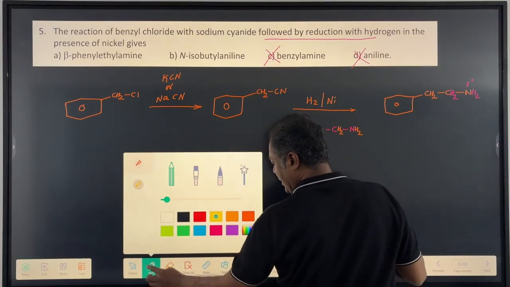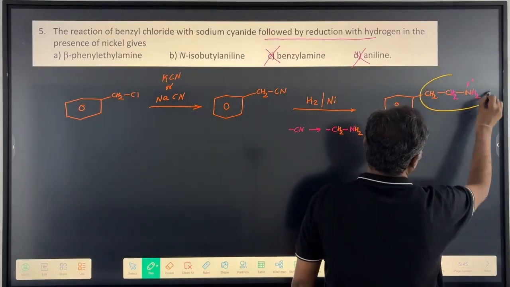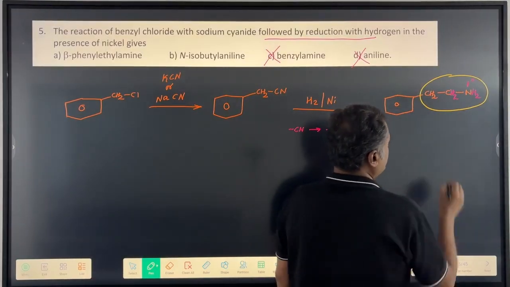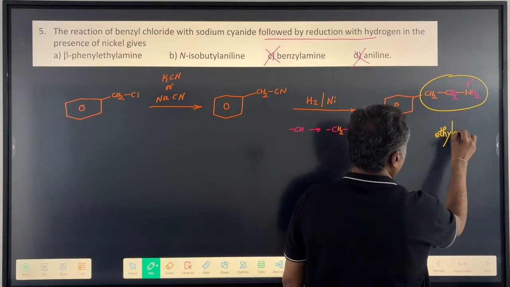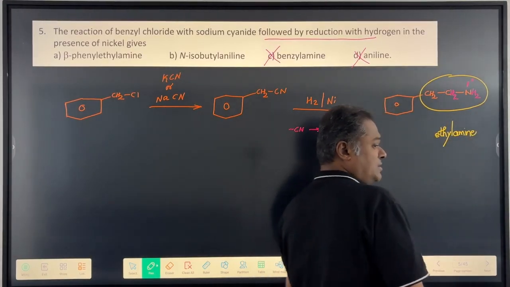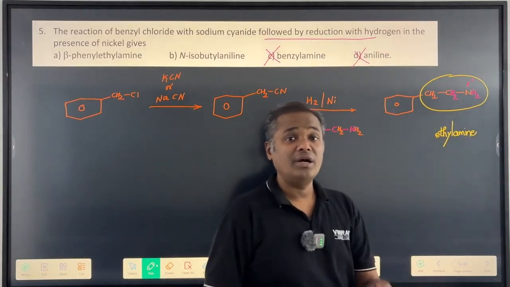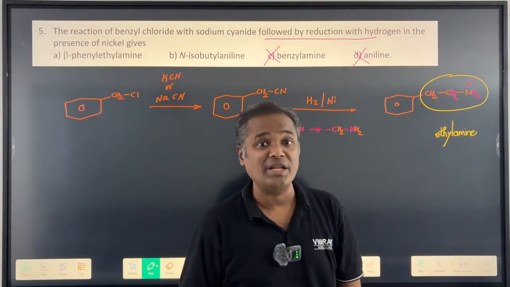Can I call this an ethylamine? Yes, it's an ethylamine as a common name. Now, in the common naming system, do you remember, child, we use alpha, beta, gamma as the Greek letters to indicate the position.